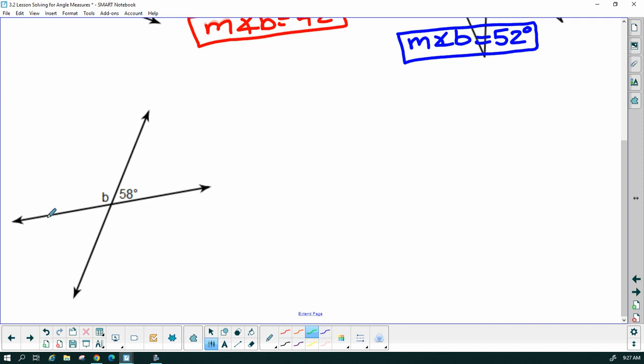Over here, this angle B and this angle that's 58 degrees, they share a side, and together they make this straight line. Straight lines are 180 degrees. These are a linear pair. And they should add to 180 degrees.